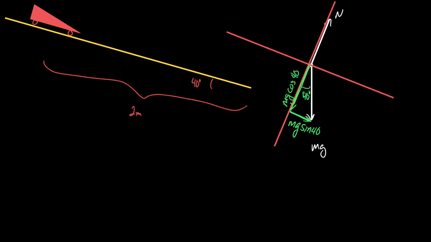So net force in the x direction equals ma, net force in the y direction equals 0. So mg sine 40 equals ma. I don't really need to worry about the y direction if there's no friction. So this is the only part that matters.